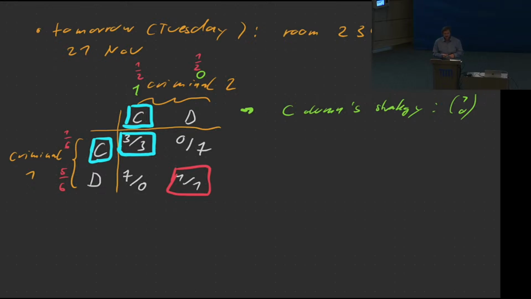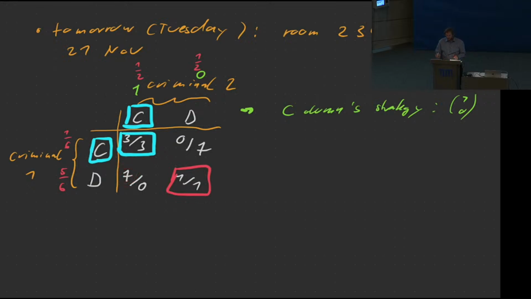The question is, if just one of the players would change his strategy, would that give him an advantage? If the answer is no for both players, then we have a Nash equilibrium. In this case, if criminal 1 would change his strategy, he currently gets 3 years in prison. If he changes, this would be the new situation, because the column strategy is fixed, and he would get 7 years in prison.